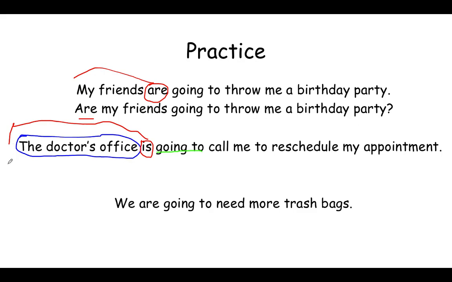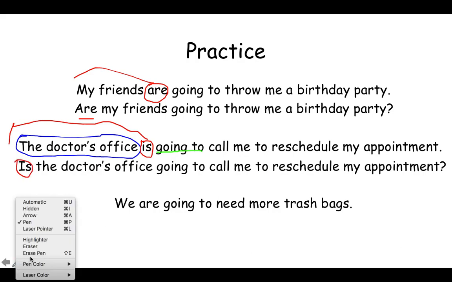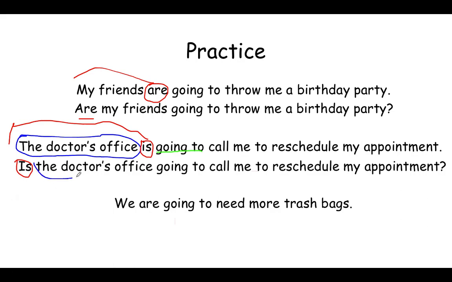We put it at the beginning of the sentence. So now the question says, is the doctor's office going to call me to reschedule my appointment? That's all you gotta do. So you'll see that is at the beginning right here. And the doctor's office is right here.